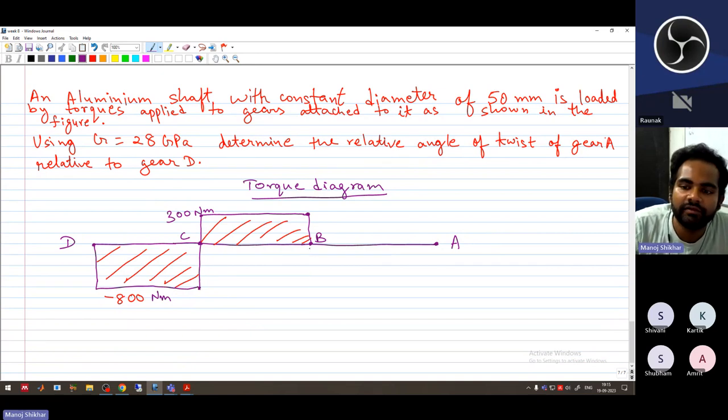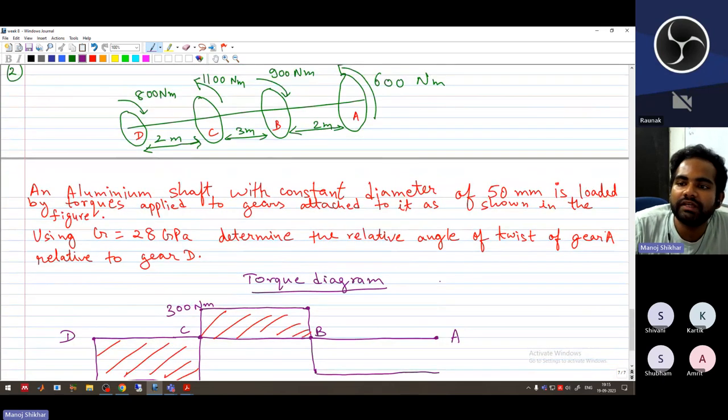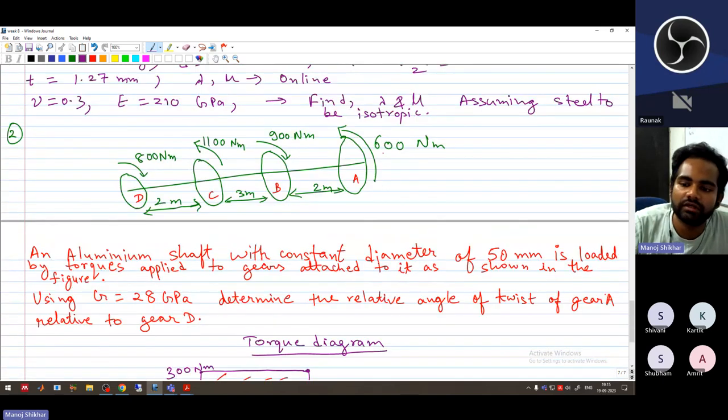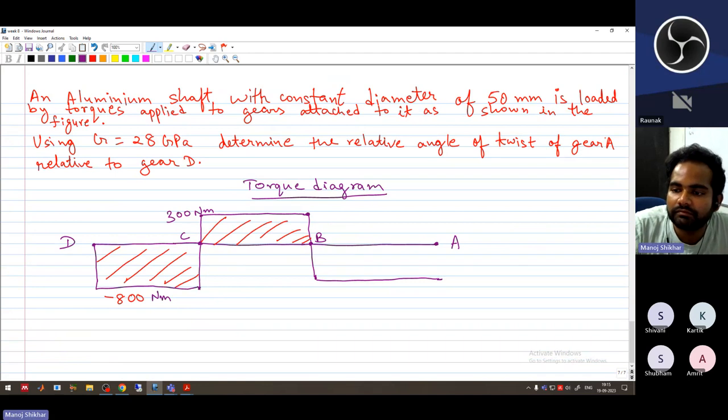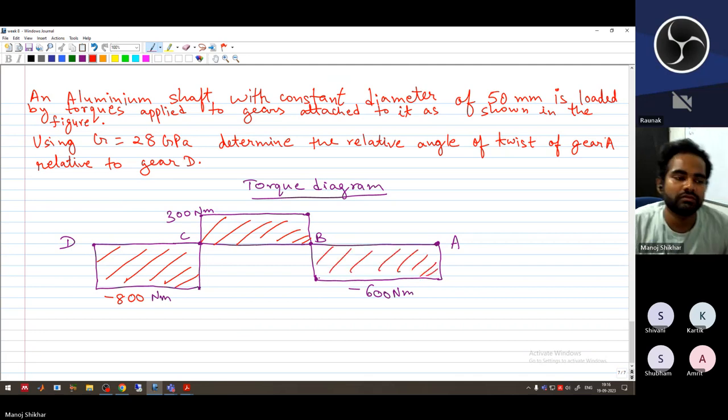So 300 minus 900 will be minus 600. So somewhere here. And between B and A, there is no other torque, so it will remain a constant line. And at A, we have plus 600 newton meter. So our torque diagram will converge at A at 0. So this is minus 600 newton meter. So this is our torque diagram.